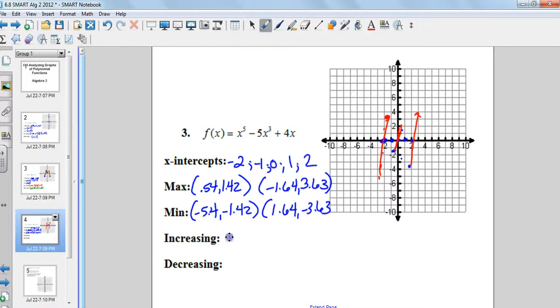So if I was going to write those as intervals, I would say it starts at negative infinity, and then once it reached negative 1.64, it stopped increasing. And it didn't pick up increasing until it got back to negative 0.54. Oh, that was 0.54. Sorry, not 5.4.